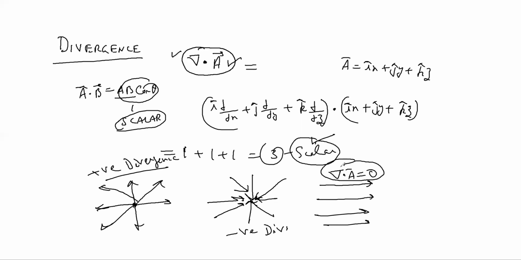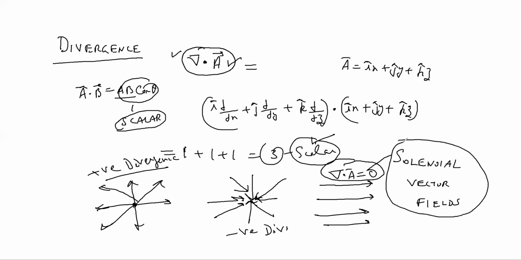Such types of vectors are known as solenoidal vector field. When the divergence of any vector is 0, then that vector field is known as solenoidal vector field. I think the word solenoidal comes from solenoid, because a solenoid has a core that is empty from inside. So here it is 0.